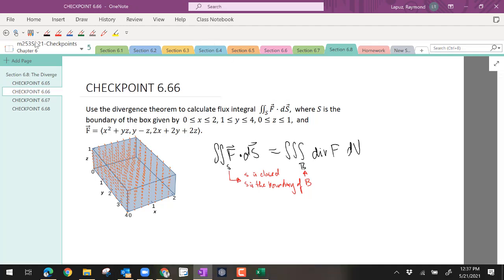In fact, because S is a closed surface, sometimes they write the flux integral with a circle around it.